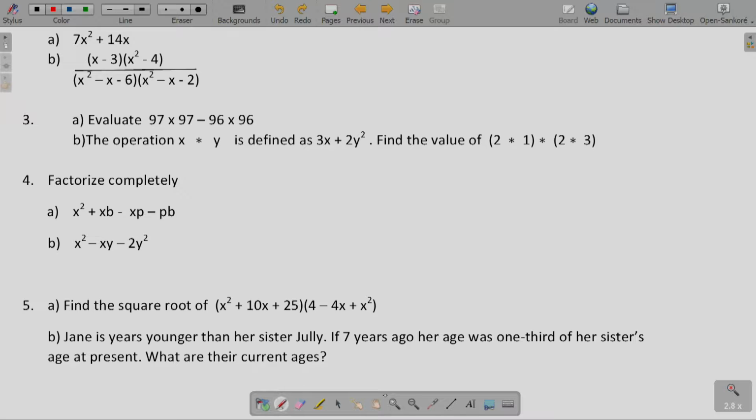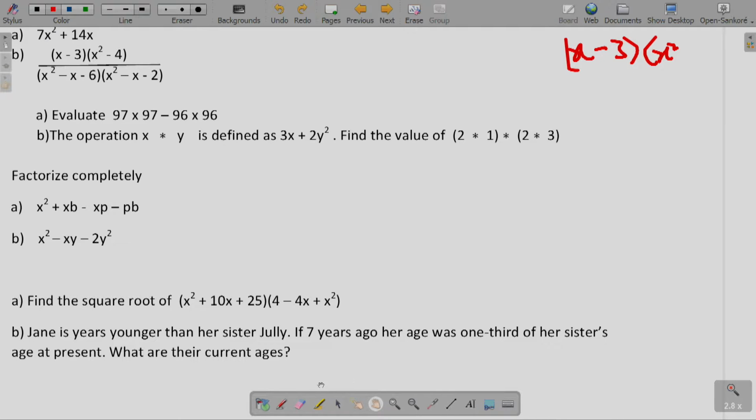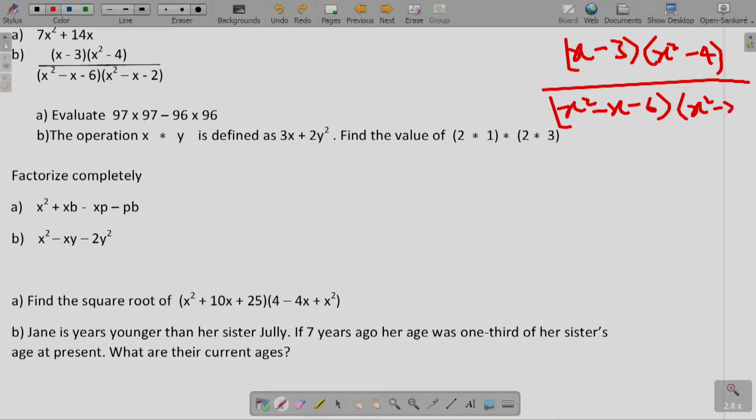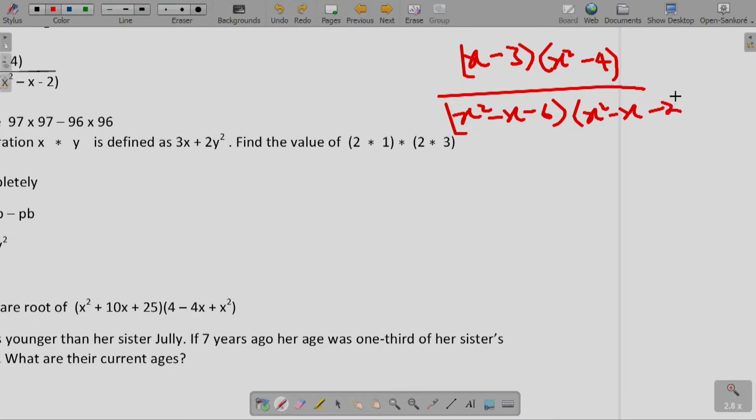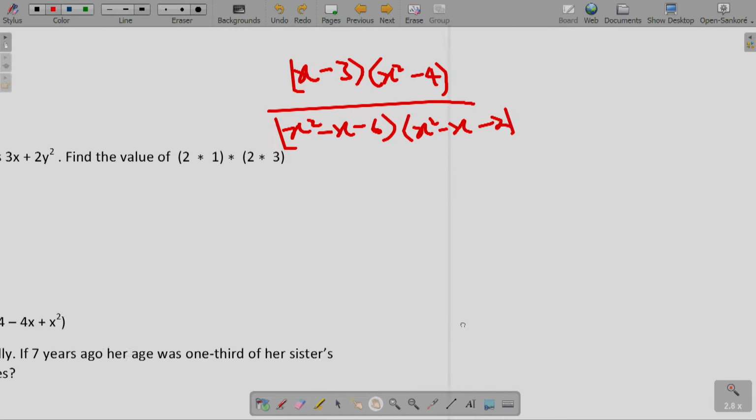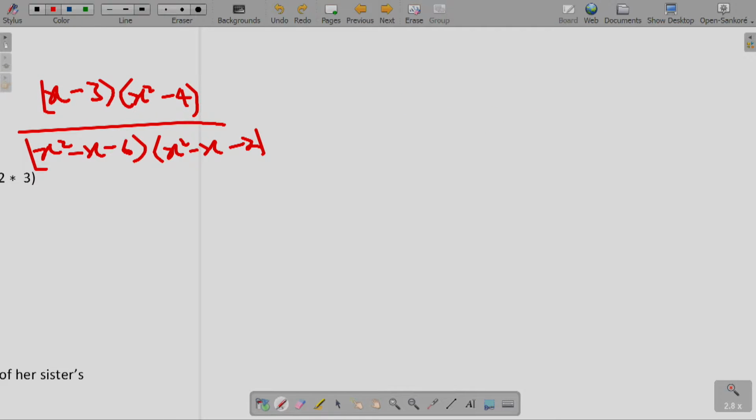Let's now move to question 2b. We have x minus 3 times x squared minus 4 over x squared minus x minus 6 times x squared minus x minus 2. We have to factorize.